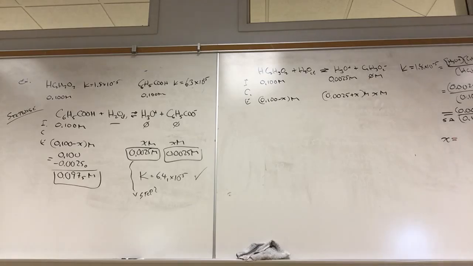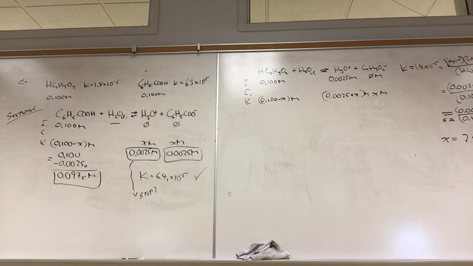And what does x come out to? 7.2 times 10 to the negative 4.